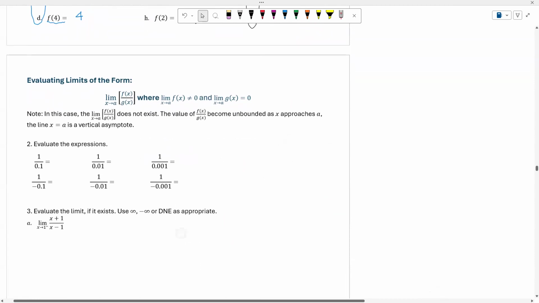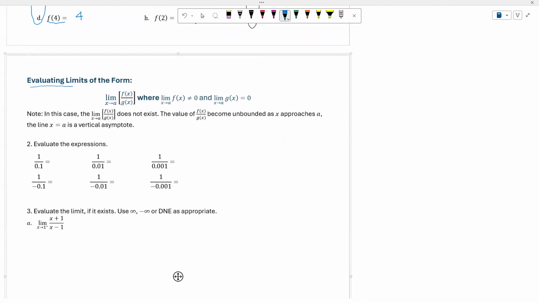Now, let's see how we evaluate a limit of the form, the limit as x approaches a of f of x over g of x, where the limit as x approaches a of f of x is not equal to 0, and the limit as x approaches a of g of x is equal to 0. In this case, we have a situation where we have a number divided by 0.